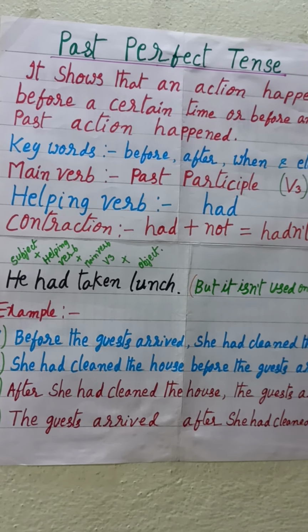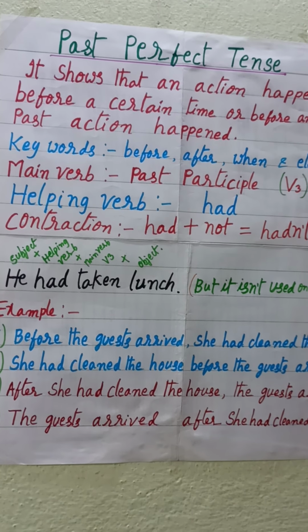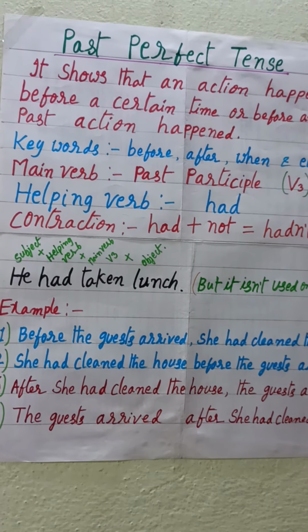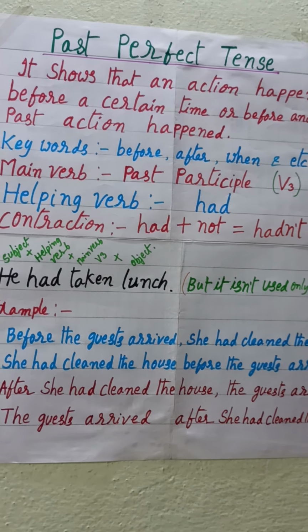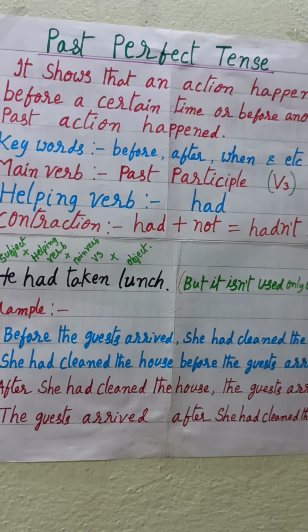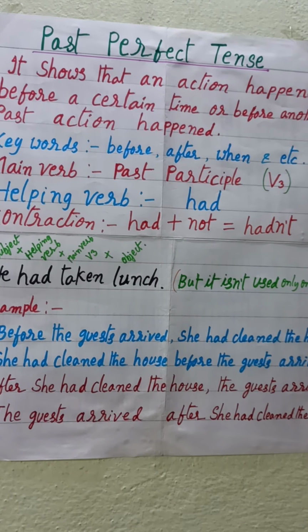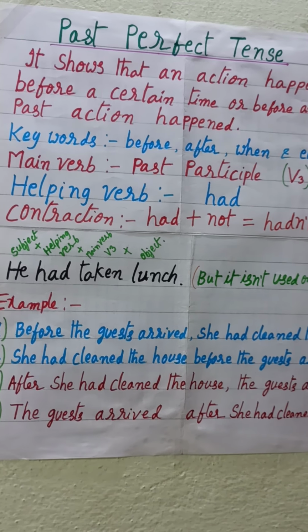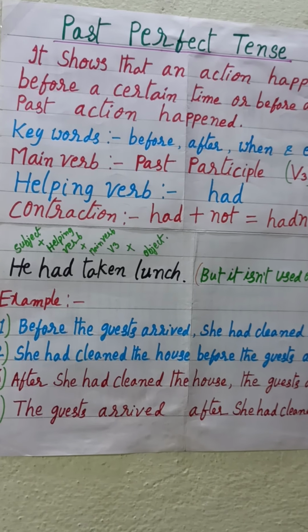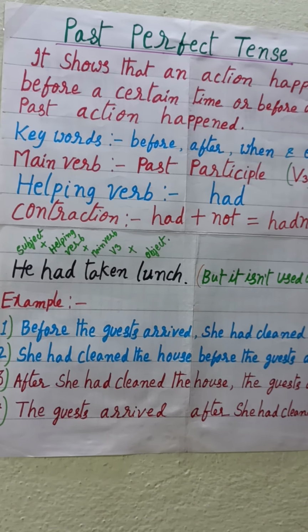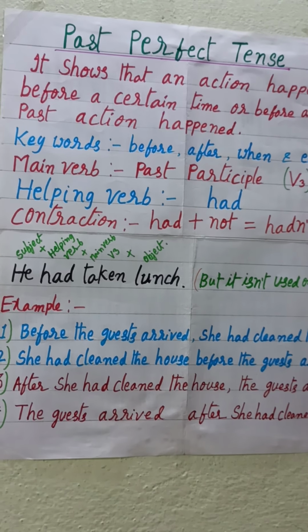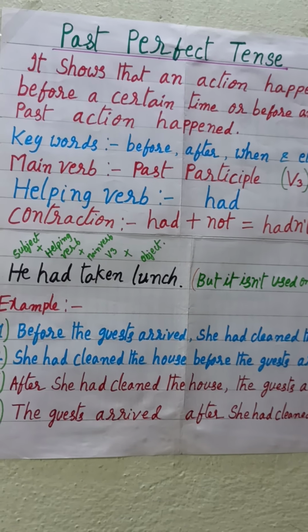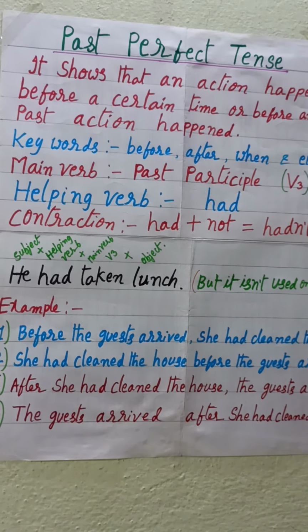We use here a certain time, and another example, before another past action happened. That is, he had taken lunch before they came.